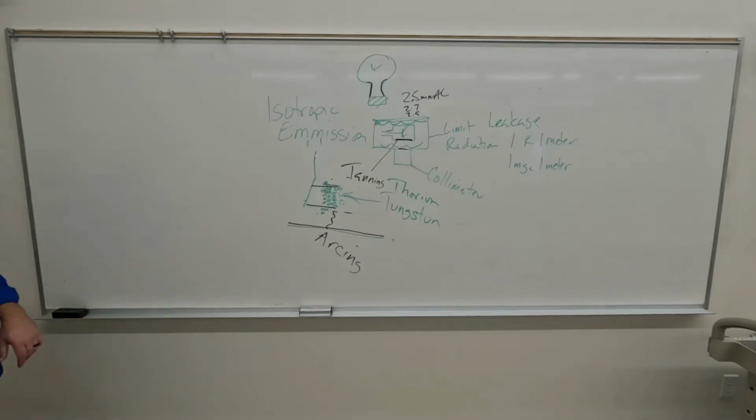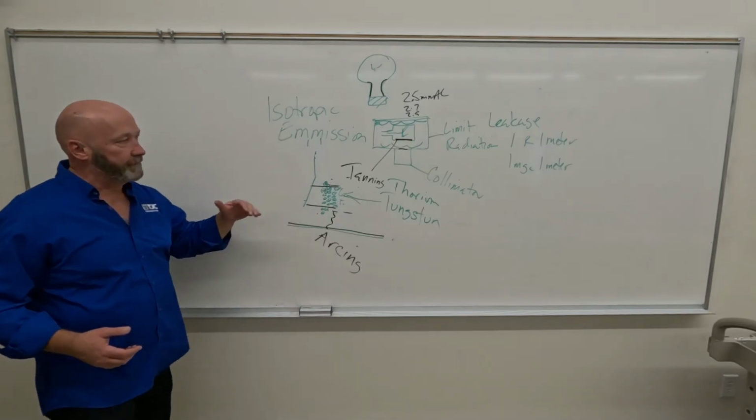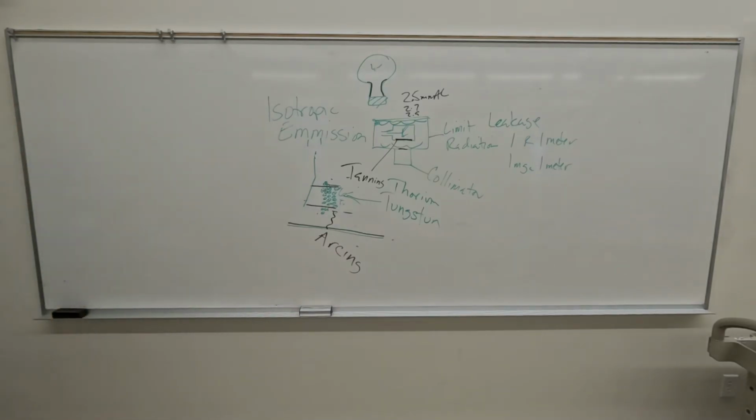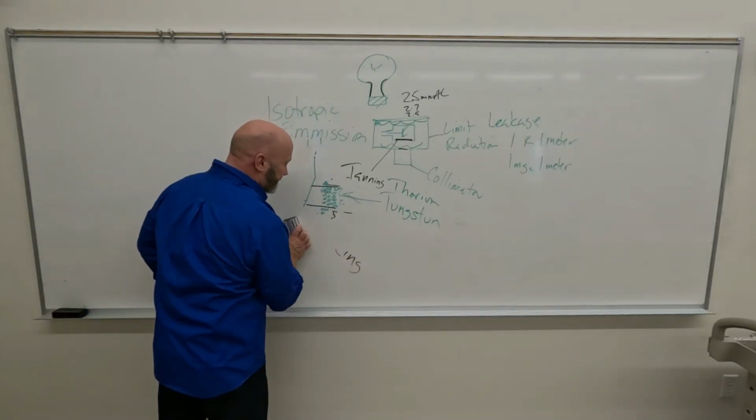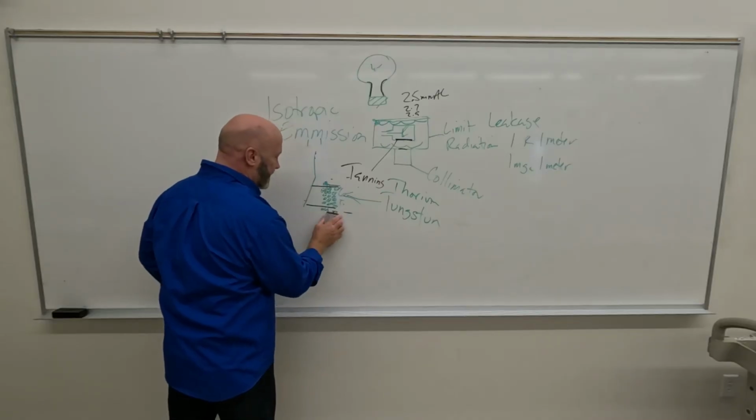So I said that we've got two different types of tubes. We've got glass and we have metal, right? So just kind of file this away as one of those things that it is because it is.